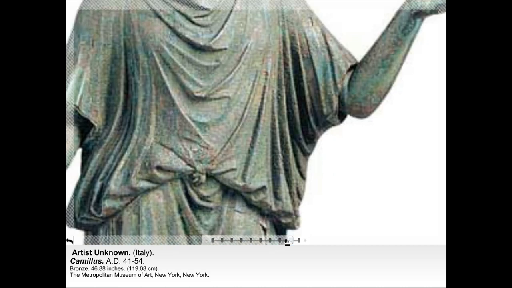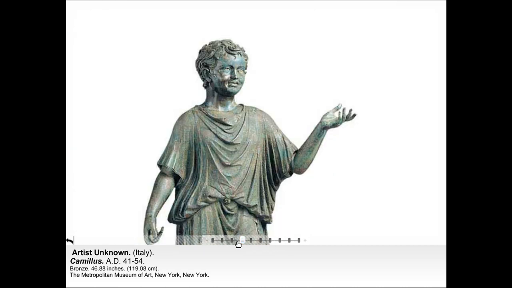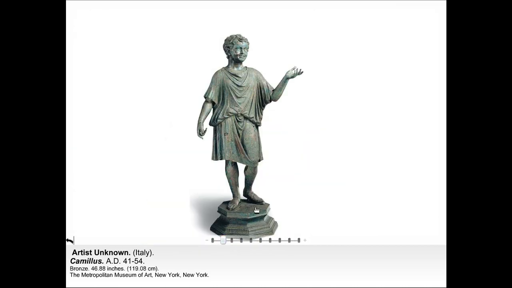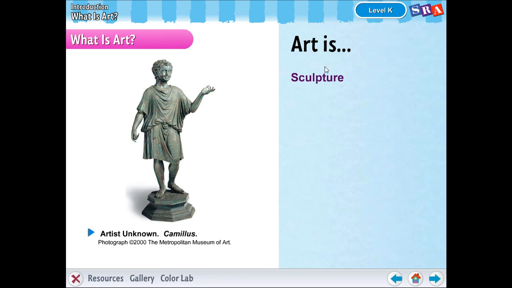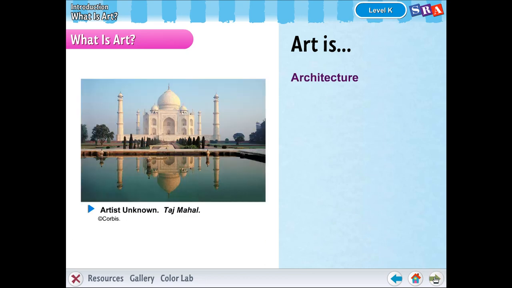You can look at all sides, not just the front. If it was on a table, you could walk around it. Sometimes sculptures can be really, really big, probably as big as a real person. So art is also sculpture.